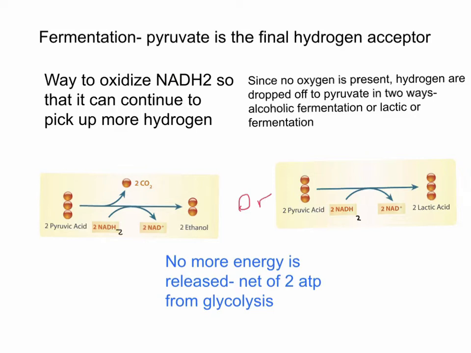In fermentation, pyruvate becomes the final hydrogen acceptor. During glycolysis you created pyruvate, and then during fermentation there are 2 options, but basically that pyruvate is going to accept back those hydrogens to free up the NAD to go pick up more.